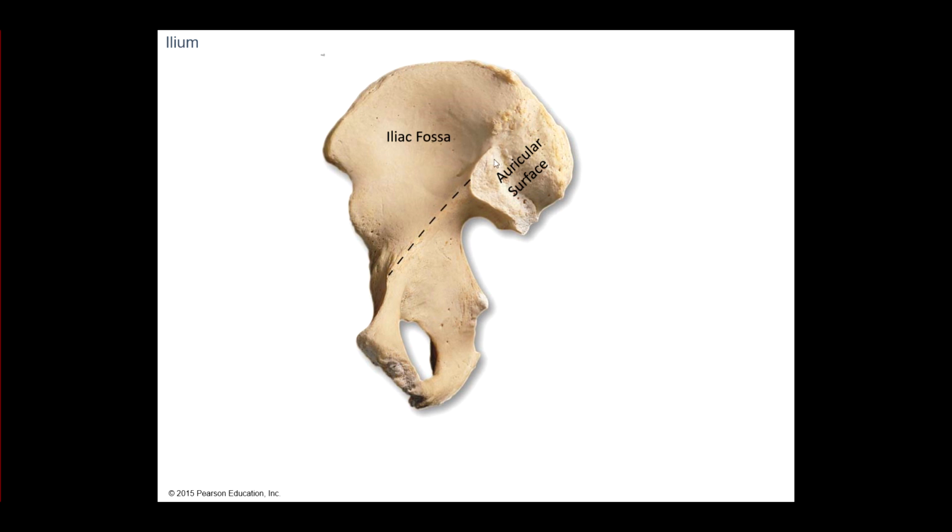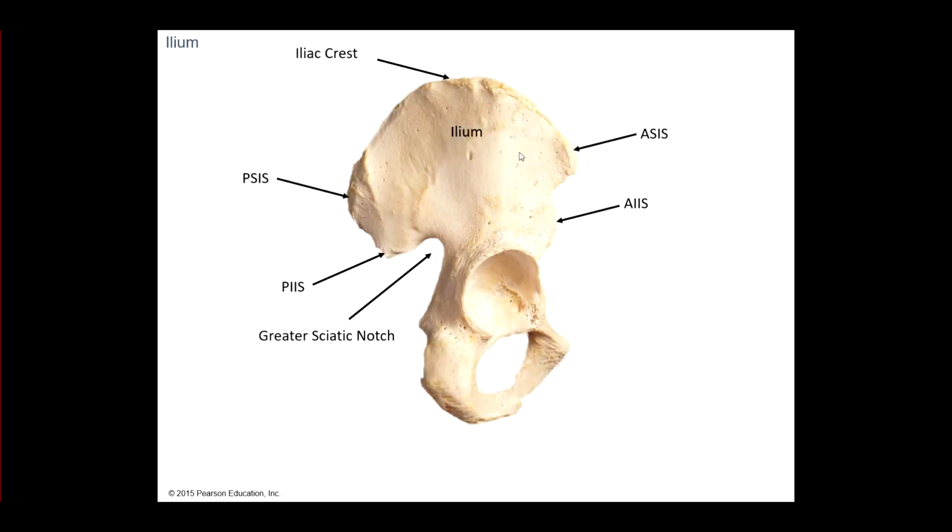And then the last landmark is known as the auricular surface. This is the portion of the ilium that articulates with the sacrum. And if you remember from the sacrum lesson, there's an auricular surface on the sacrum, right? So the two auricular surfaces go together. Okay, so again, the things you need to know: iliac crest, ASIS, AIIS, right?